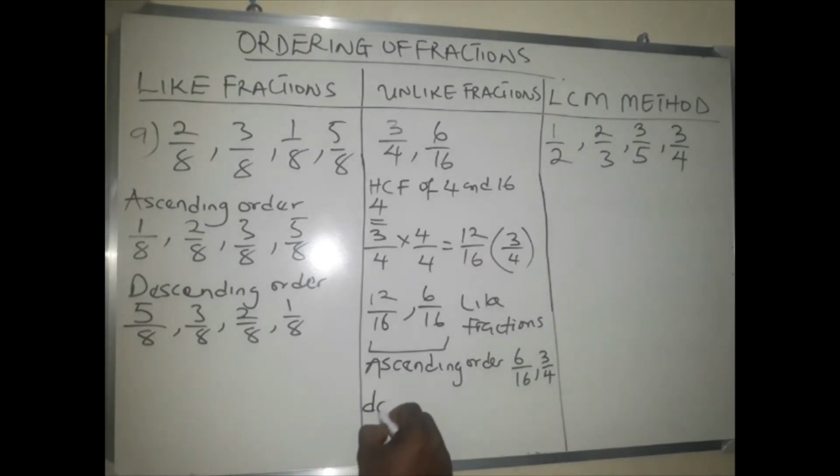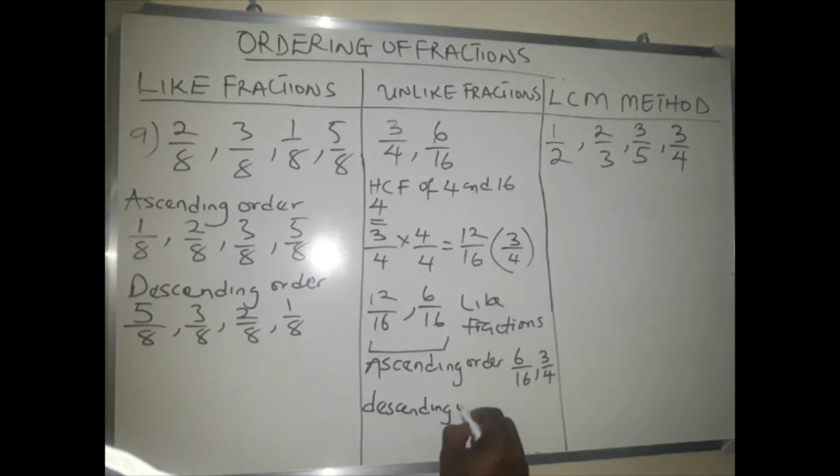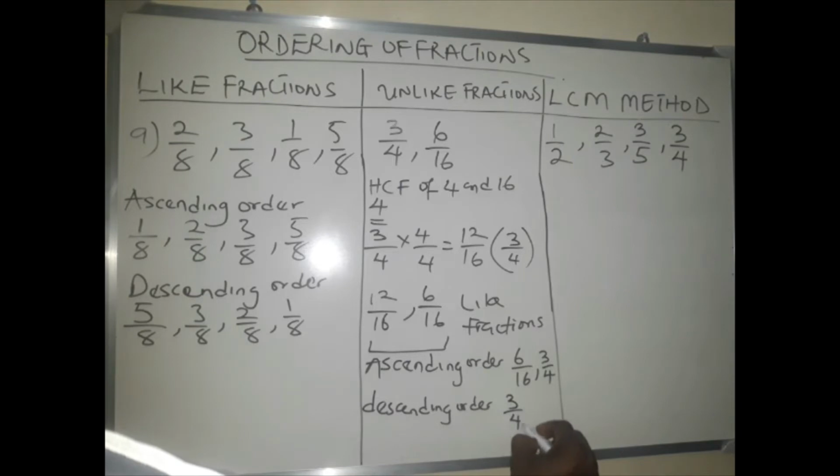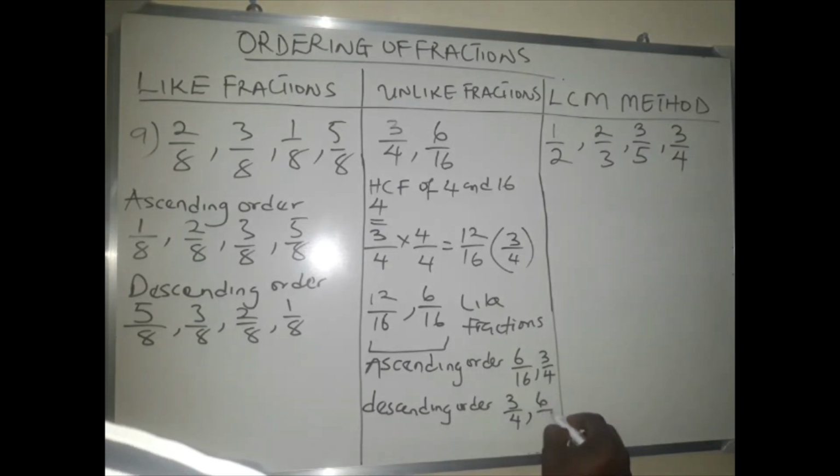If we're asked to arrange it in a descending order, then we'll put 3 over 4, which is the largest, first, and we'll put 6 over 16, which is the smallest, next. So that is how we can arrange two unlike fractions in a descending or ascending order.